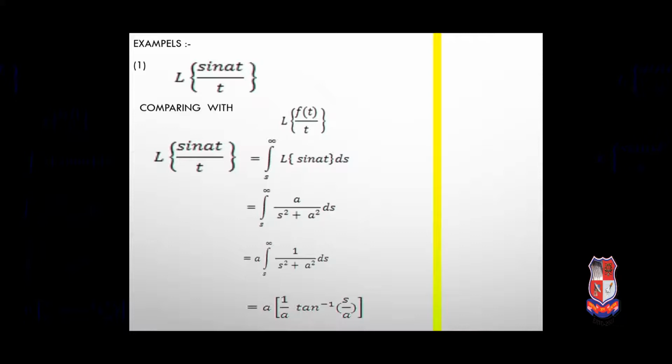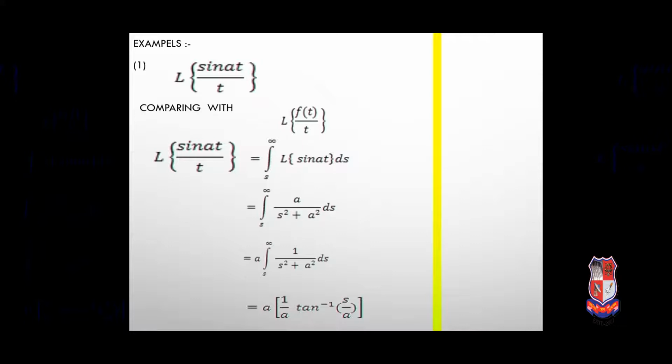Therefore, Laplace of sin at by t is equal to the integration from s to infinity of Laplace of sin at ds, is equal to the integration from s to infinity. By the table, we can write Laplace of sin at is equal to a upon s square plus a square.